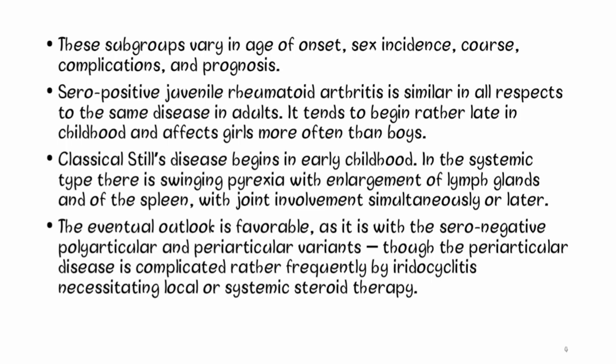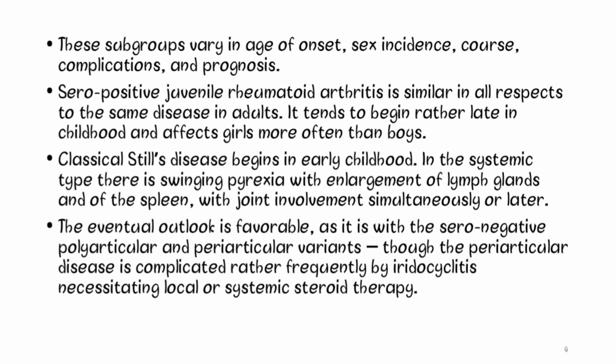The onset of it is in early childhood. Its subtype is the systemic type, which presents with a high spiking fever, that is swinging pyrexia. Then it can also present with lymphadenopathy, the enlargement of the lymph nodes, and splenomegaly, enlargement of the spleen, in addition to joint involvement. And this joint involvement can occur simultaneously or later on.